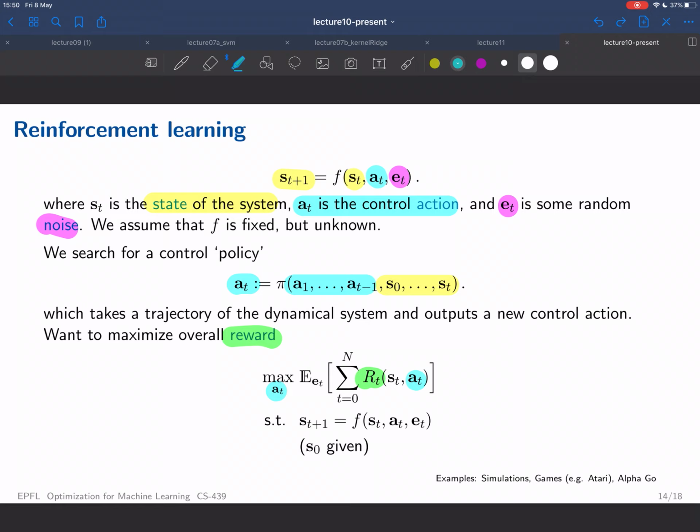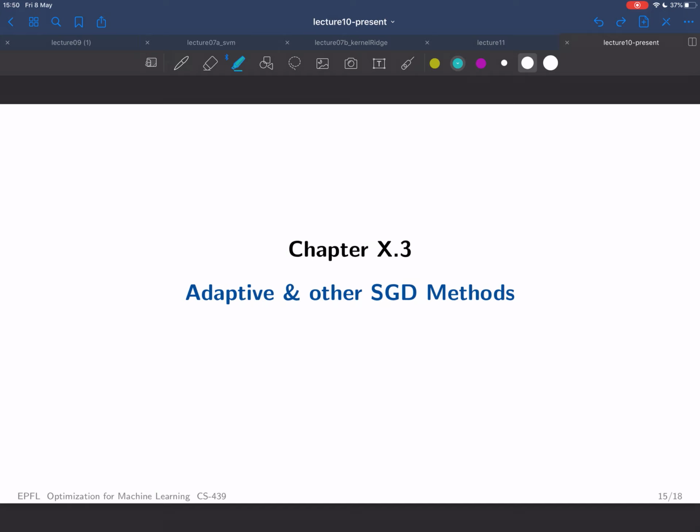So that's why these problems are very hard to optimize, and that's why random search is a suitable algorithm. Because that always works, except it might be very slow.